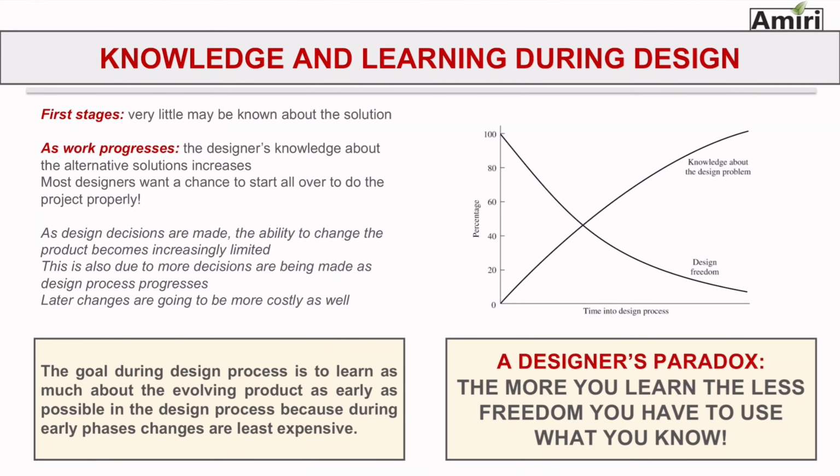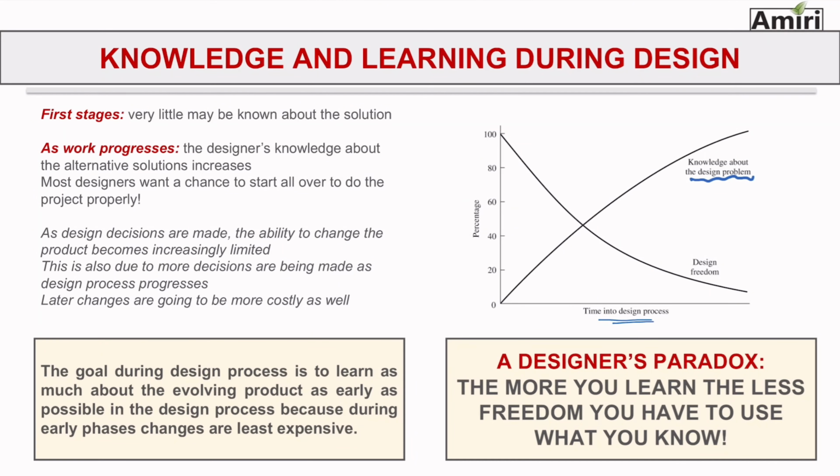Throughout the process, this is something to know, a designer's paradox. At the beginning, when you look at how much you know about the design problem, at the beginning of the project, on this axis, this is time, your knowledge is very limited, but you have a lot of freedom in making decisions.